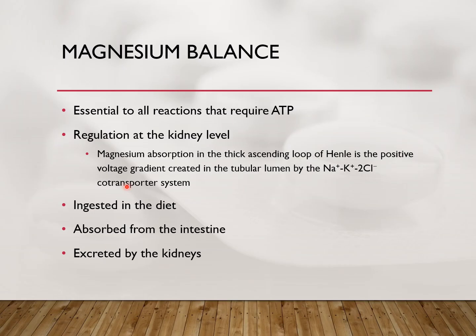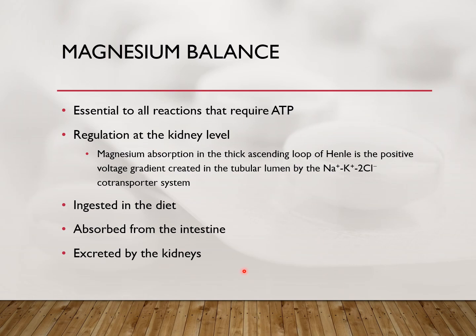Then we're going to move on to magnesium balance. Magnesium is also an essential electrolyte in things like any reaction that requires ATP. So anything that requires energy, magnesium plays a role. The regulation of magnesium really happens at the level of the kidneys. Magnesium is reabsorbed in the ascending loop of Henle.